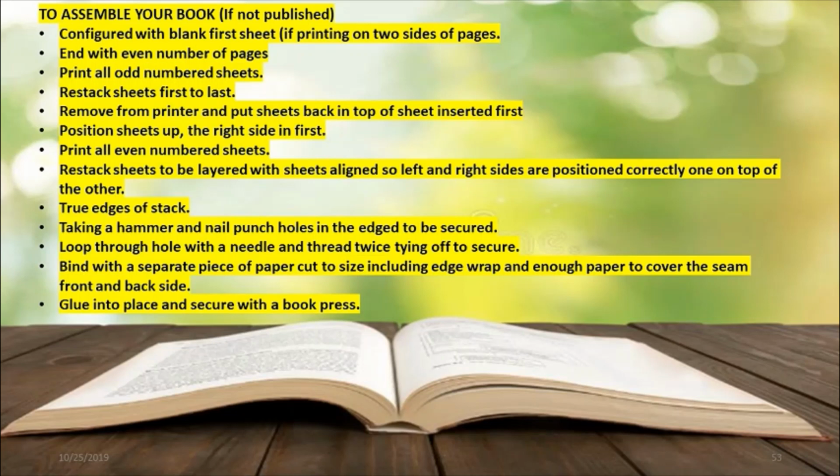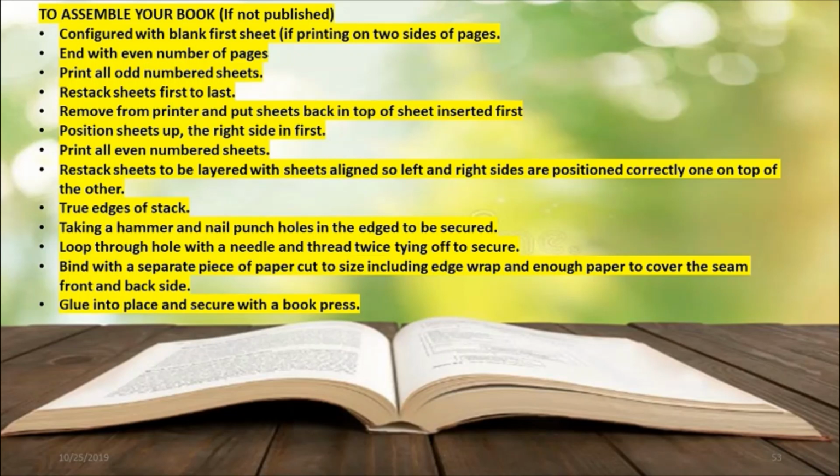Restack sheets first to last to remove from the printer and put sheets back in the top of the printer, with the sheet inserted first positioned up the right side in first. Print all even numbered sheets. Restack sheets to be layered with sheets aligned so left and right sides are positioned correctly, one on top of the other. True edges of stack.